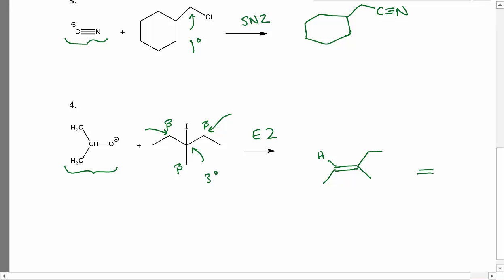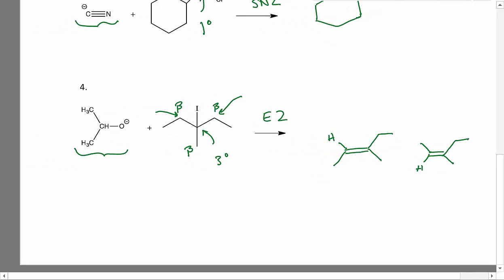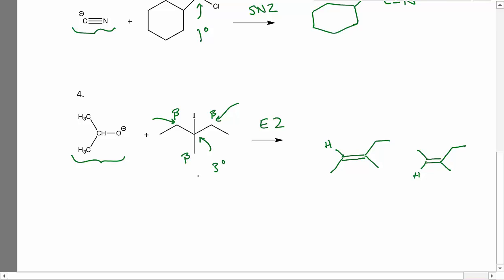So the other stereoisomer to that one would look like that. And then finally, the third product would be the one where you pull a proton off of this carbon here and do the elimination. So that would be the third possible product.